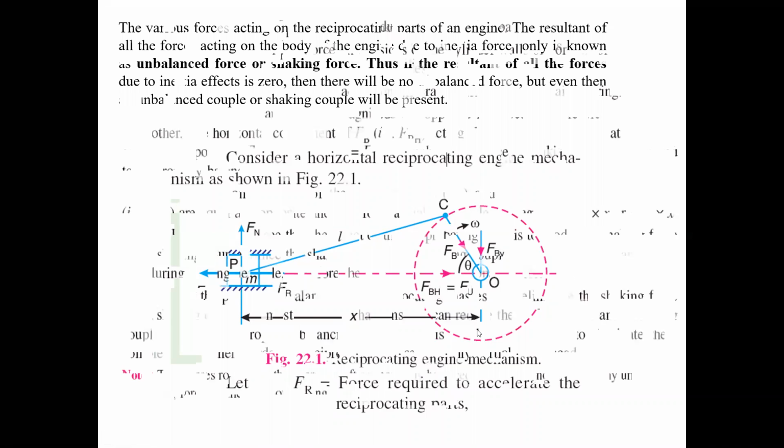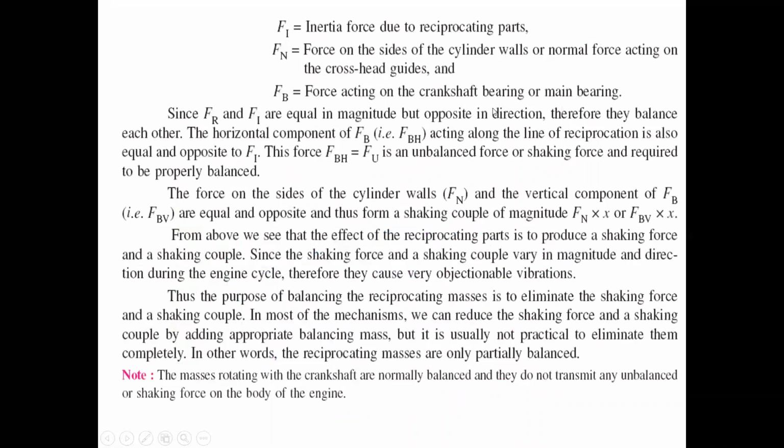Next, there are some more notations. F suffix I means the inertia force due to the reciprocating parts. Another one, F suffix N, is the force on the sides of the cylinder walls, also called the normal force.